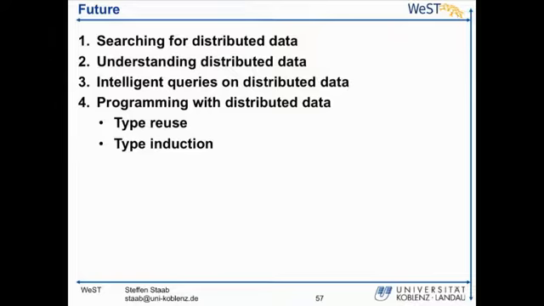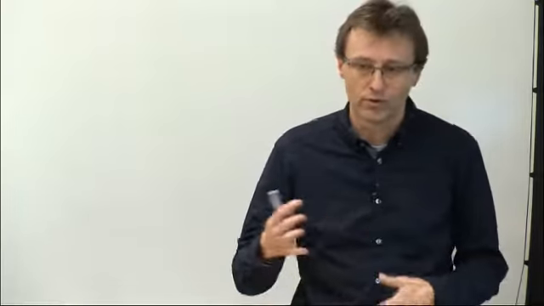And that brings me to my last slide. What is the future of these kinds of approaches in general, or what we look at? It is to look at searching for distributed data, which would of course also include things like keyword indices and things we had in other systems, but not in what I described today. To understand this distributed data, there are a few papers out there now from our group and from 2 or 3 other groups that look at statistics of these RDF data structures, to derive schemata, to understand what the important properties are.